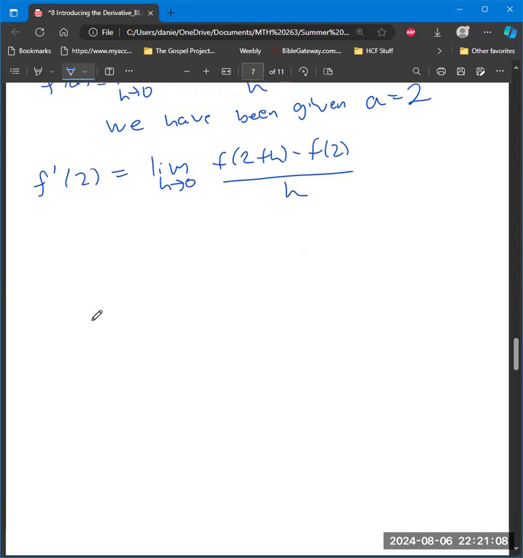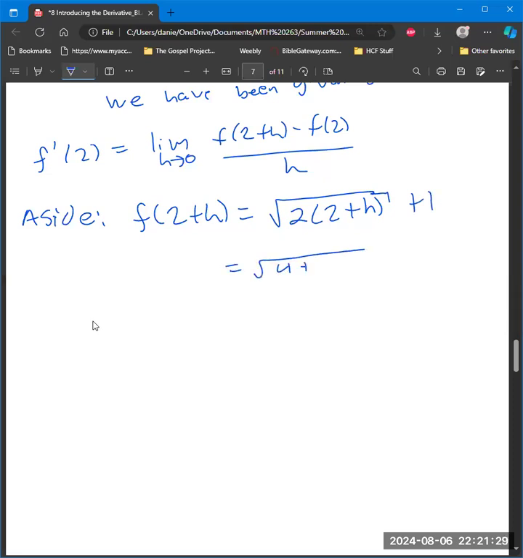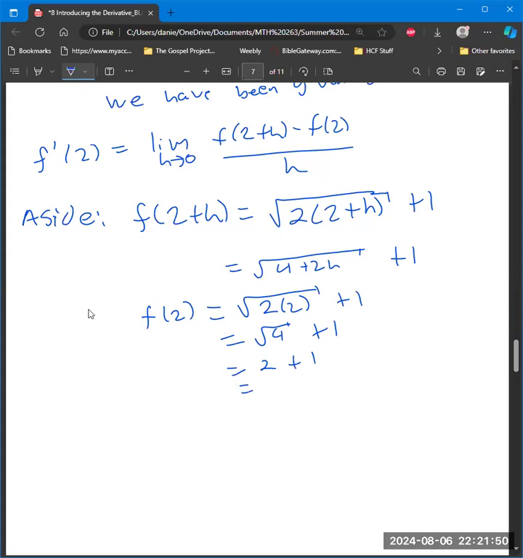So let's find f of 2 plus h. Let's find f of 2. Root 2 times 2 plus h plus 1 is equal to root 4 plus 2h plus 1. f of 2 is going to be root 2 times 2 plus 1, which is root 4 plus 1, which is 2 plus 1, which is 3.